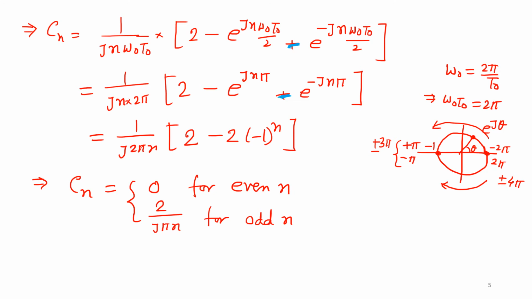Okay, so now let us write. This will be useful: for even n it is 0, for odd n it is 2 upon j pi n. So x of t is the summation of Cn times e to the power j n omega naught t, n equals all, meaning minus infinity to plus infinity.